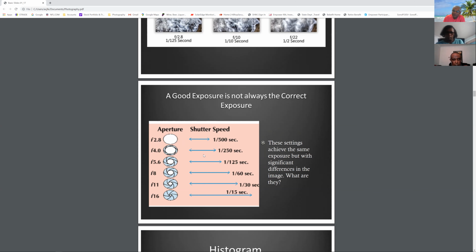Now think about this one, and we talked about this same thing. Here is the dark picture, and this one is a very bright picture, but it's a very short time, and you will get a sharp picture.